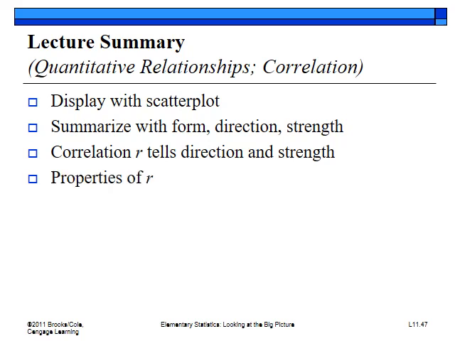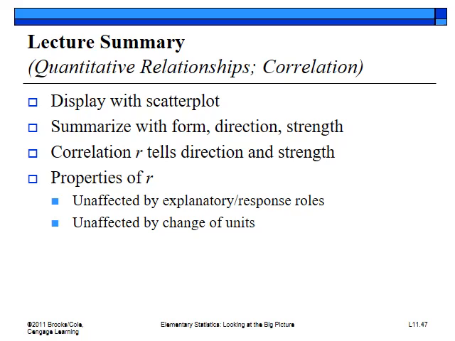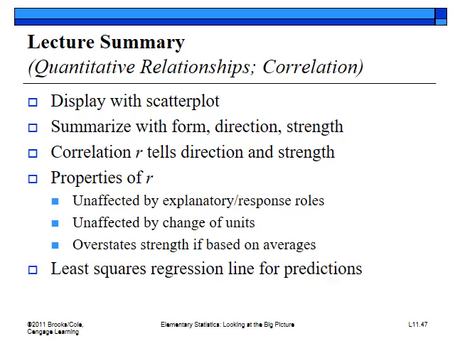We looked at several properties of the correlation, how it is unaffected by the roles of the explanatory and response variables, how it's unaffected by changing the units, and how it can overstate strength if it's based on averages, that is, if it's an ecological correlation. We also talked about how we use the least squares regression line for predictions. I also showed you how to use your calculator and how to use Excel to find the equation of the regression line and to compute R.